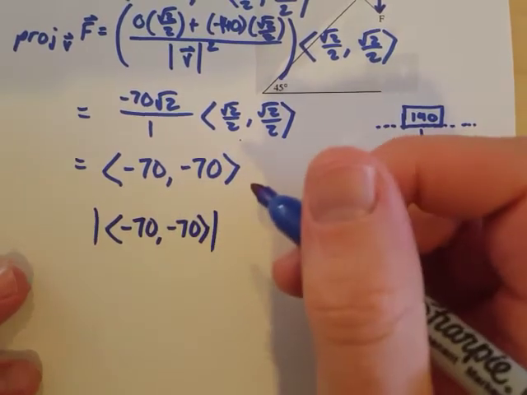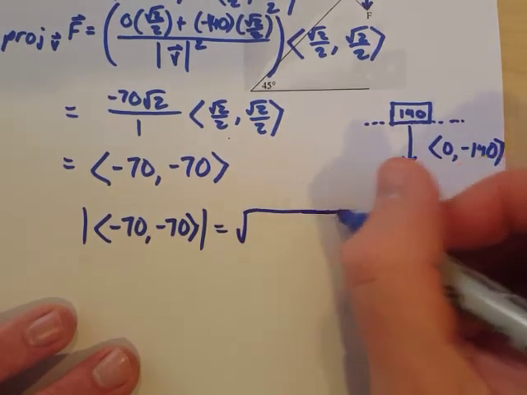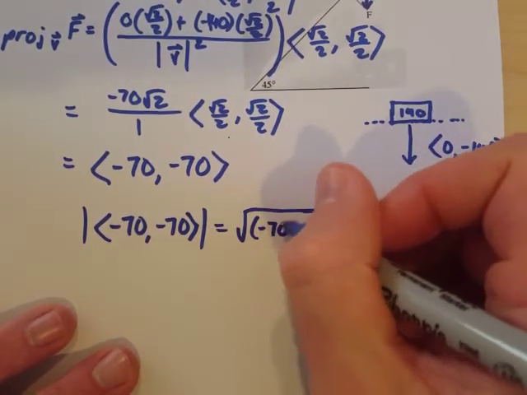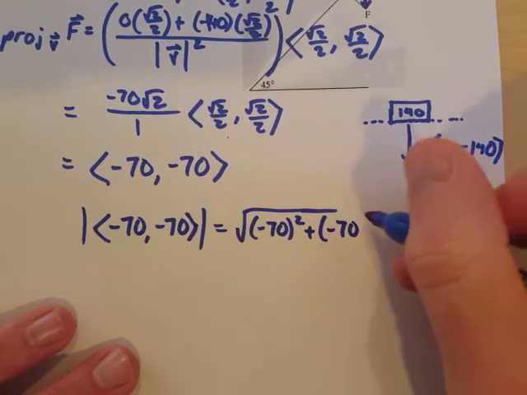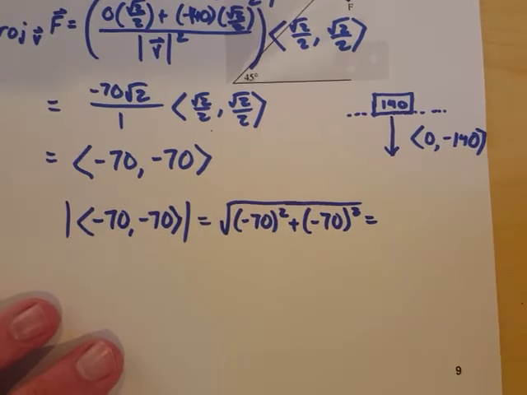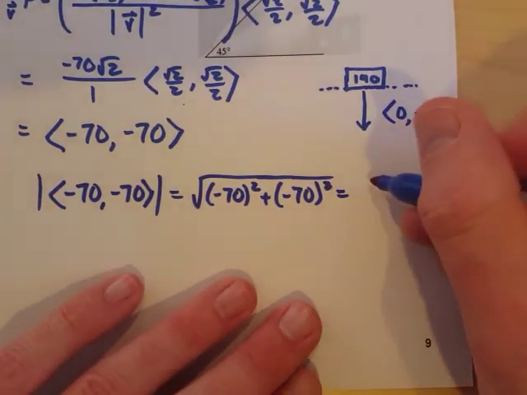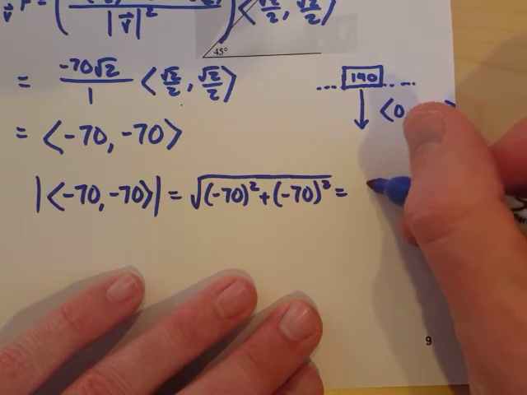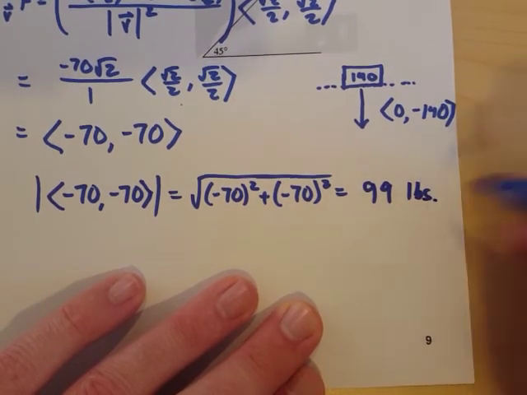We can use our same old formula from before, square root of negative 70 squared plus negative 70 squared. Punch that into the calculator, let the calculator do the work, and we are looking at really close to 99 pounds of force.